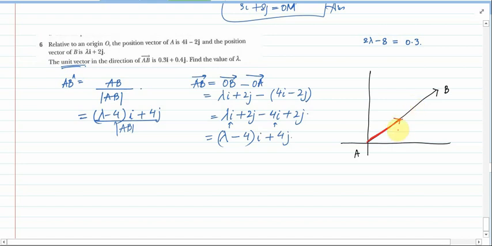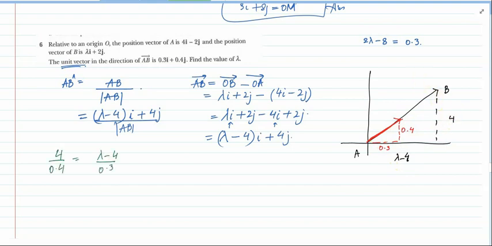So the unit vector we have is 0.3 on the x-axis and 0.4 on the y-axis, right? And for AB, on the x-axis it's lambda minus 4, and on the y-axis it's 4. Alright, so by cross multiplication you will get the value of lambda, and that is equal to 7.